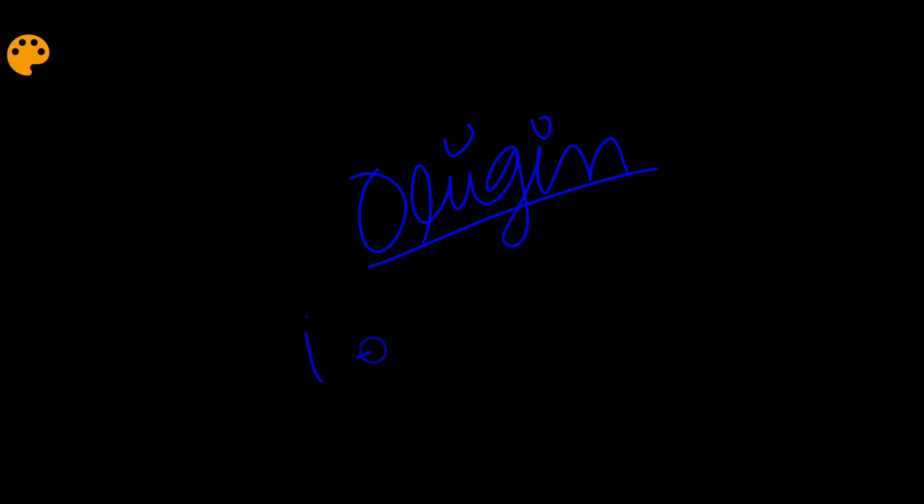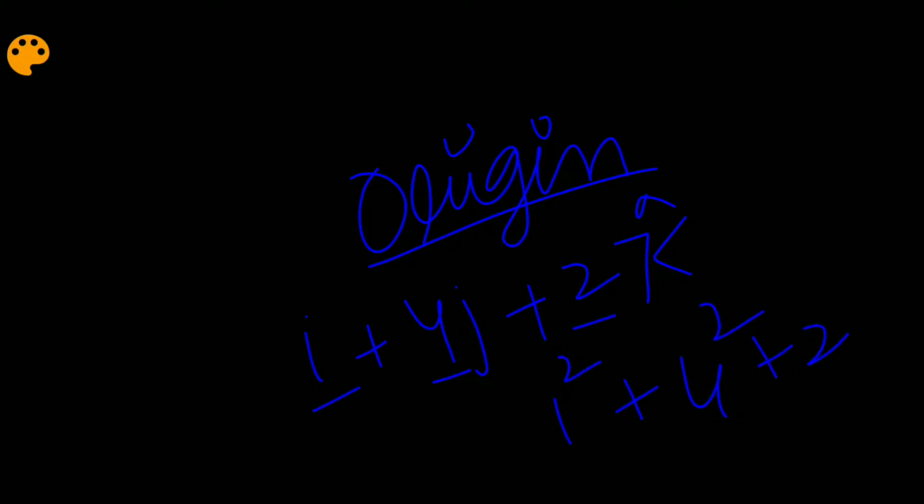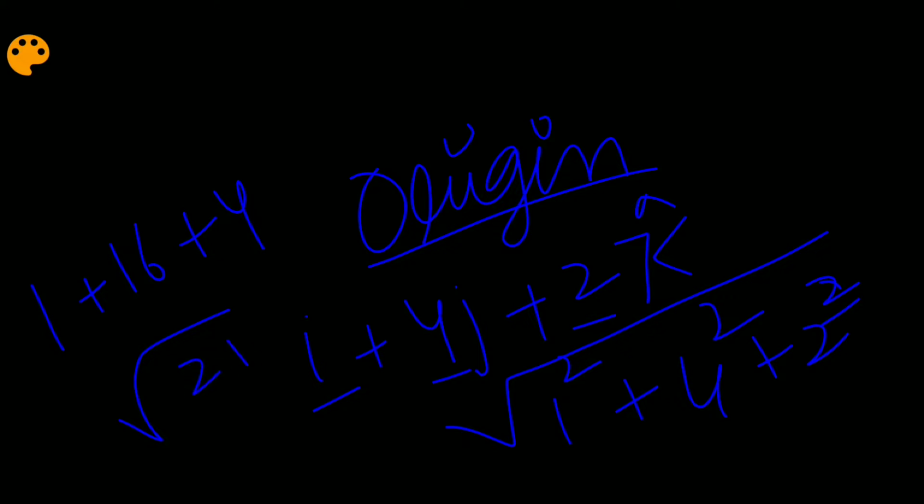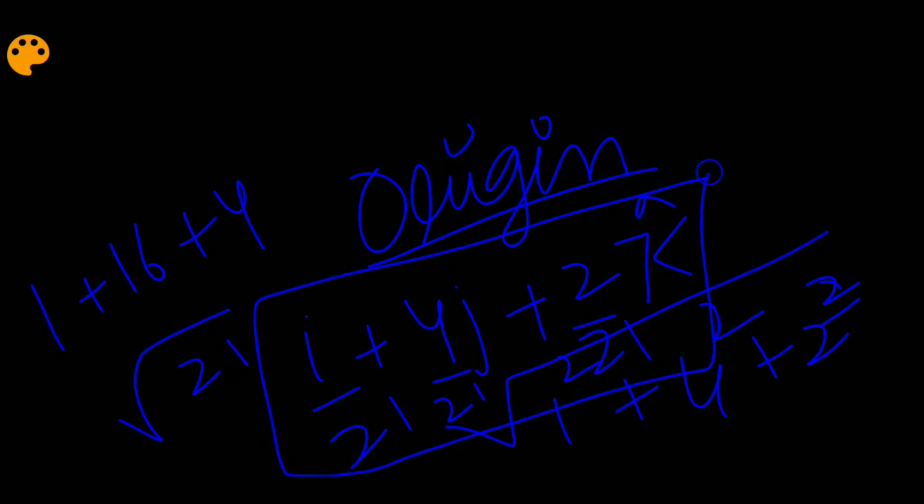For example, you are given i plus 4j plus 2k, and how will you take the direction cosine? You just take the magnitude of this: 1 square, 4 square, 2 square, and take the square root of this, which comes out to be 1 plus 16 plus 4, that is root 21. So divide by root 21, that is 1 by root 21, 4 by root 21, and 2 by root 21. So this becomes the direction cosine.